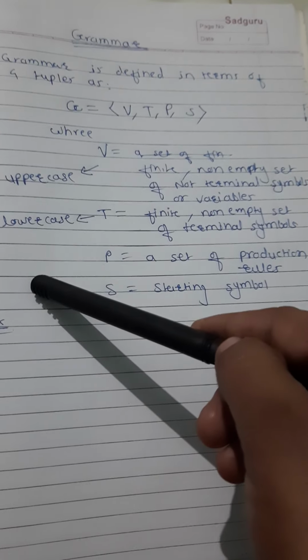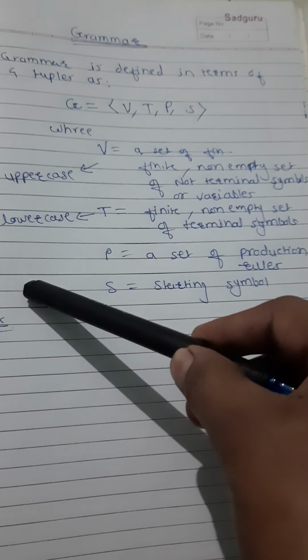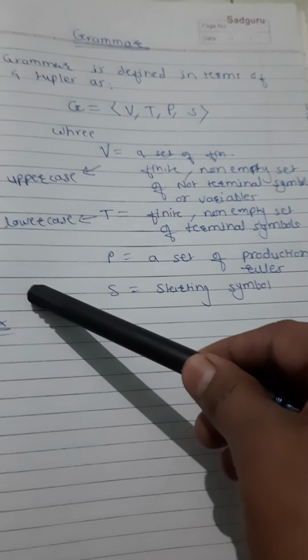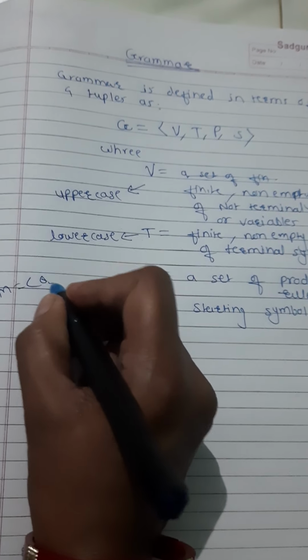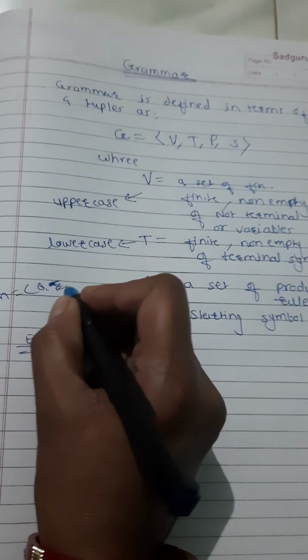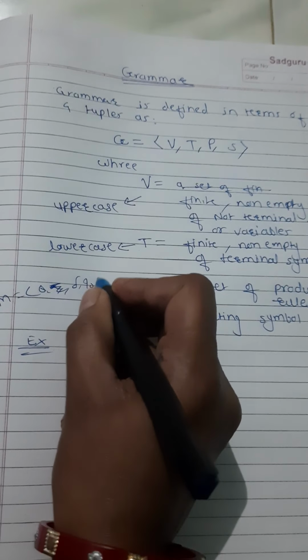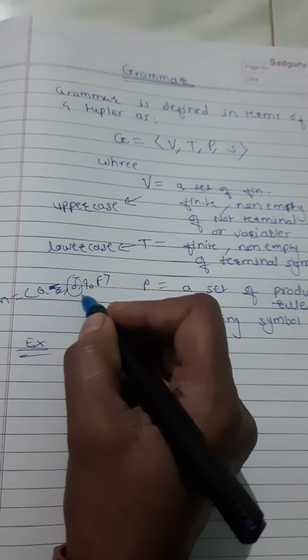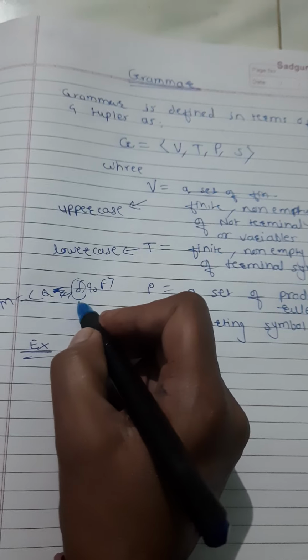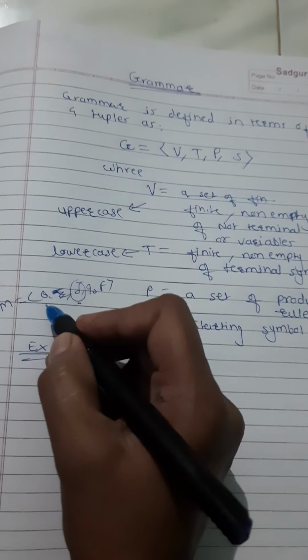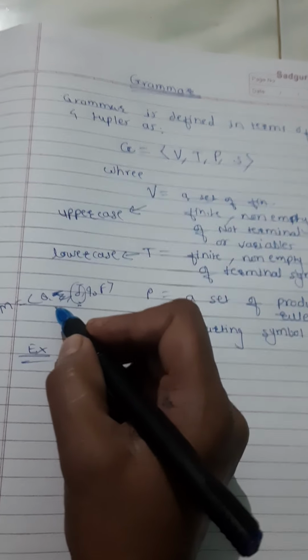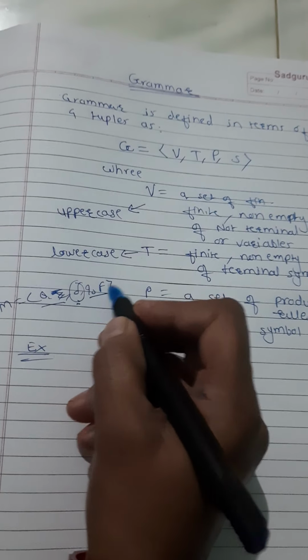Just like an NFA or DFA, there are five tuples in finite automata, that is M equals (Q, Sigma, Delta, Q0, F). If we know the delta, the transition diagram, transition table or transition function, from this delta function we can define these four tuples.